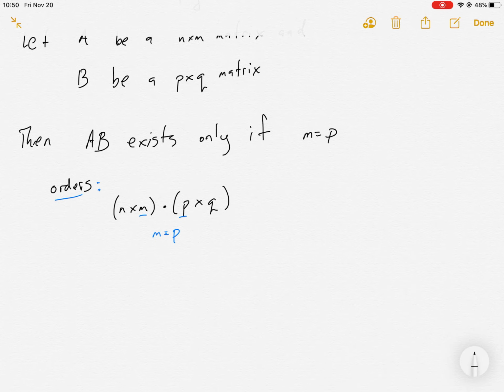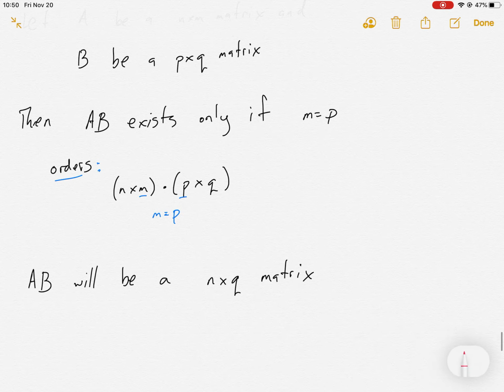And then the resultant matrix, A times B, will be an n by q matrix. So we actually know what the order of the final matrix will be. We take n by q. And so the orders play a huge role when we're multiplying matrices.